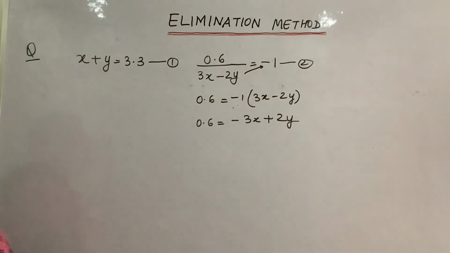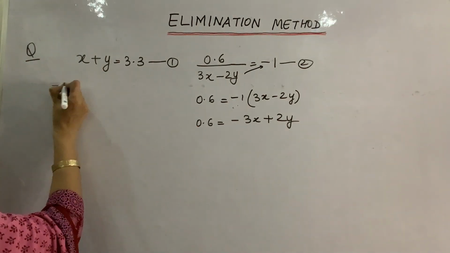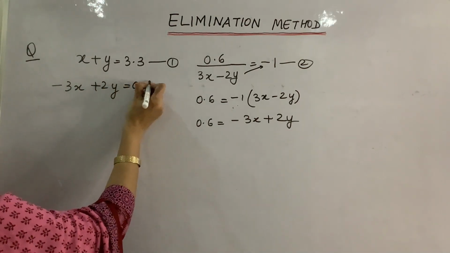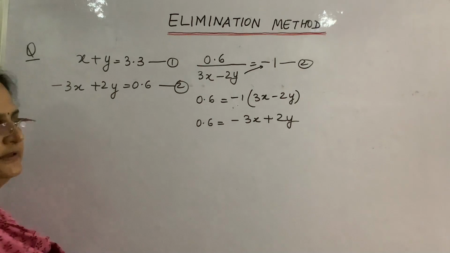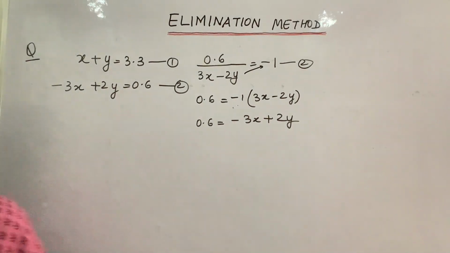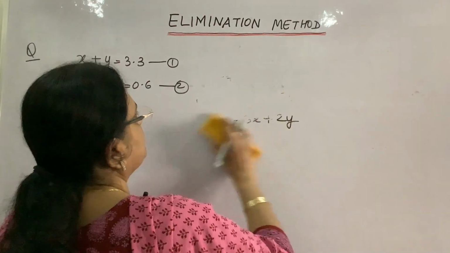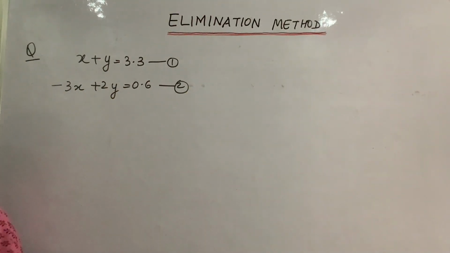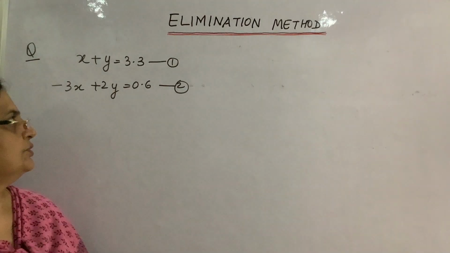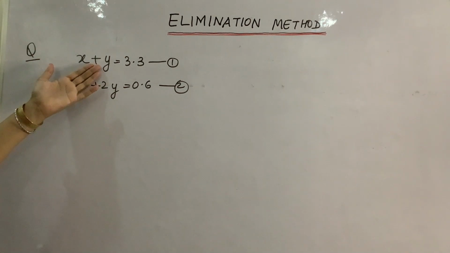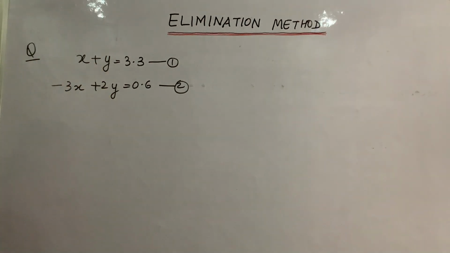Agreed? So the second equation, let me rewrite it here: minus 3x plus 2y is equal to 0.6. So we have both the equations together so that at a glance we can make out which coefficient to equate. So this is x here, minus 3, y coefficient is 1, y coefficient is 2.